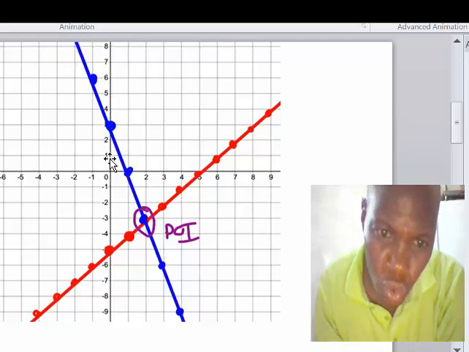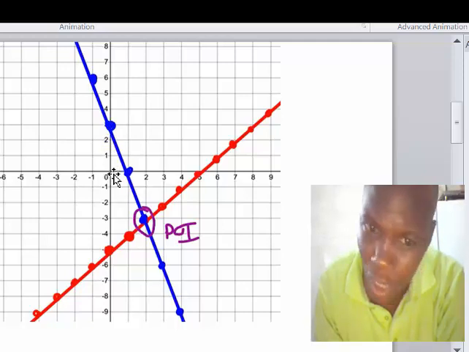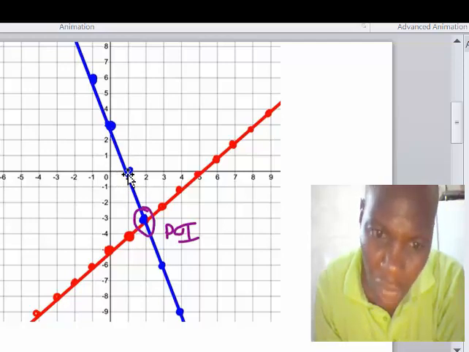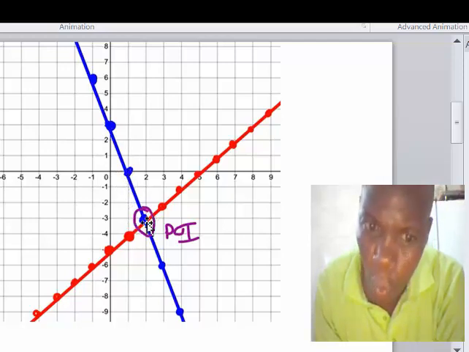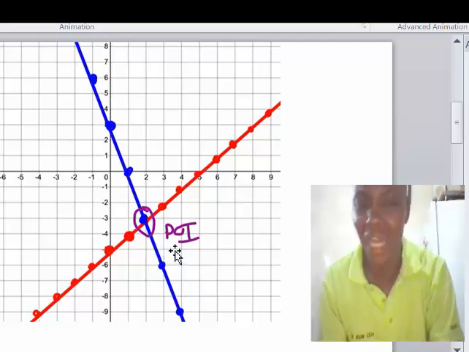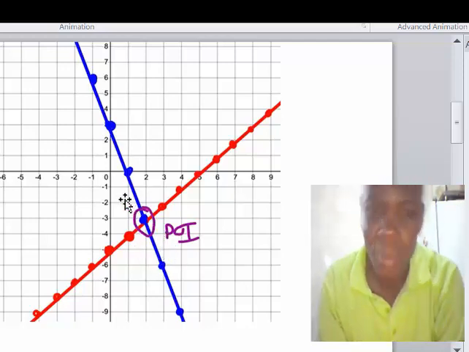So 1, 2, 3 times you go down, you run once. Remember, it's 3 over 1. Again, down 1, 2, 3, you run once. Therefore the line will go from your left hand side to the right hand side, from top to bottom.